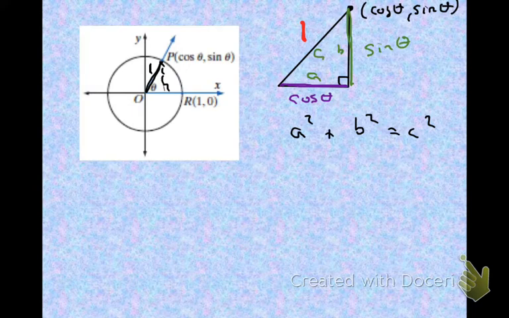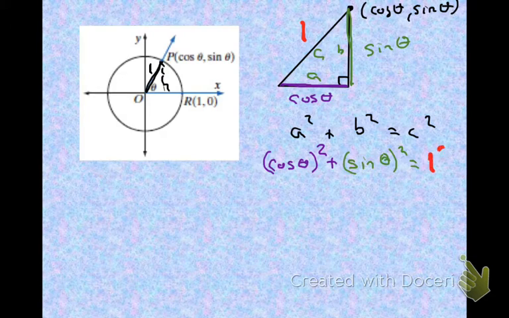So we're going to have cosine theta squared plus sine theta squared equals 1 squared, which we already know is just 1. And this gets rewritten as cosine squared theta plus sine squared theta equals 1.